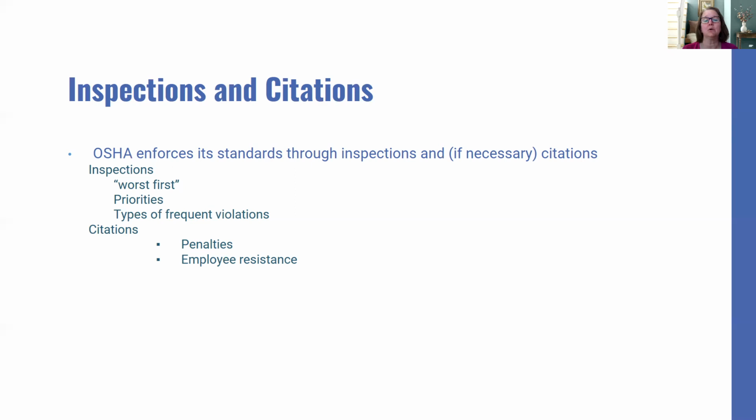Then the inspector holds a closing conference with the employer's representative and discusses the violations and any citation or penalty. And they usually give a written report, sometimes on the spot, sometimes later on.